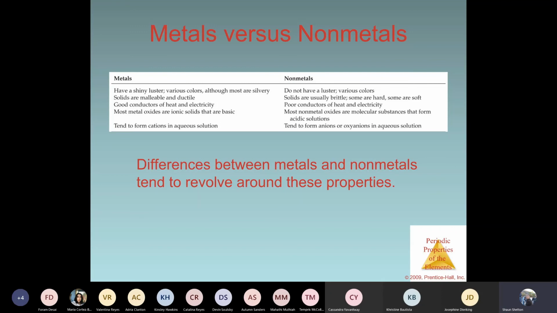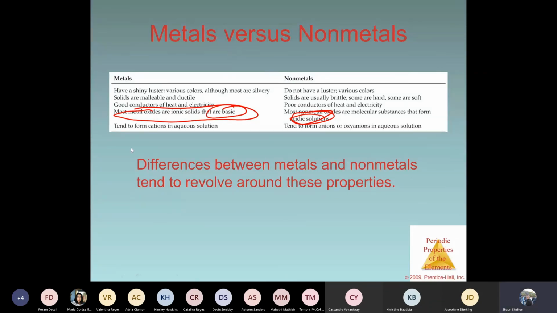And then, all right, so metal oxides are ionic solids. Most non-metal oxides form acidic solutions. So this is an important property here, something to make a note of.